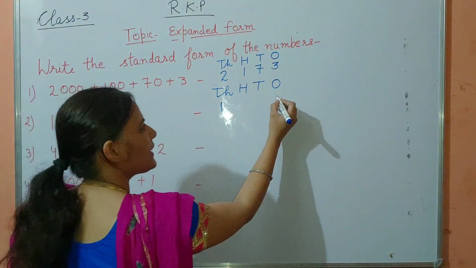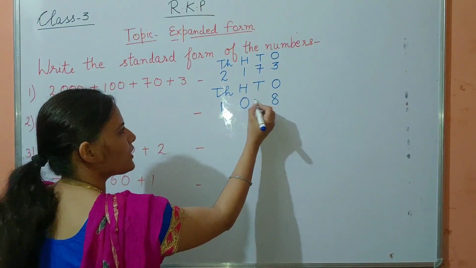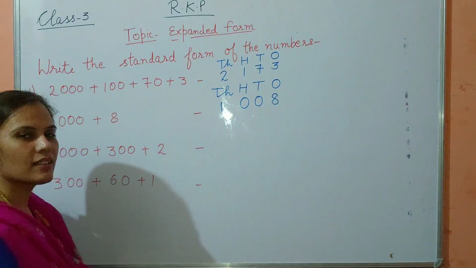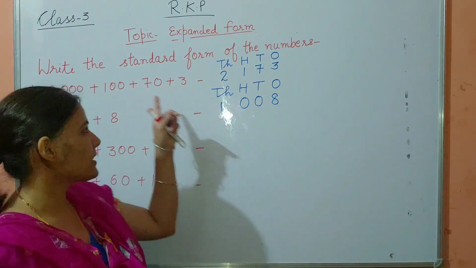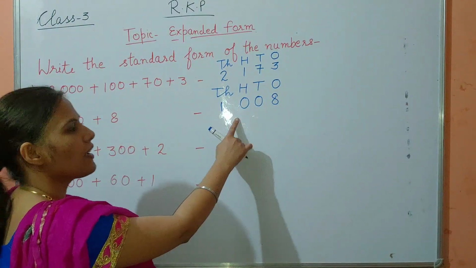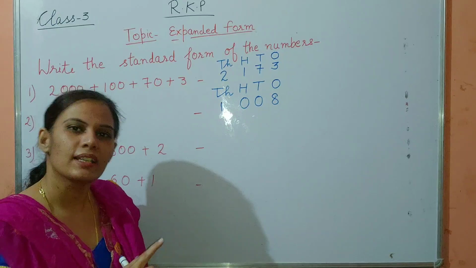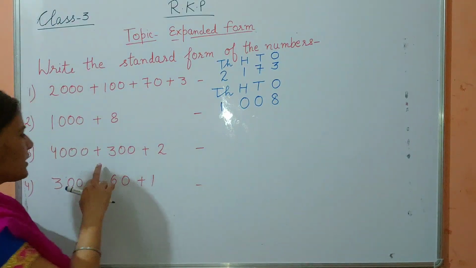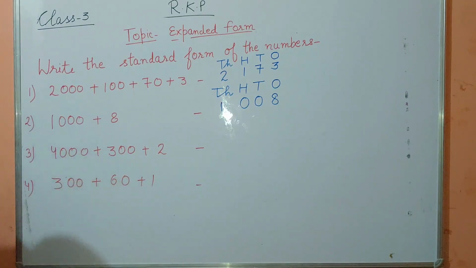Means only 8 comes at the ones place. So at the hundreds place and at the tens place, what will you write? 0. Hope students you understand it. This is the expanded form and this is the standard form. These two questions are opposite to each other. So do these questions by yourself.